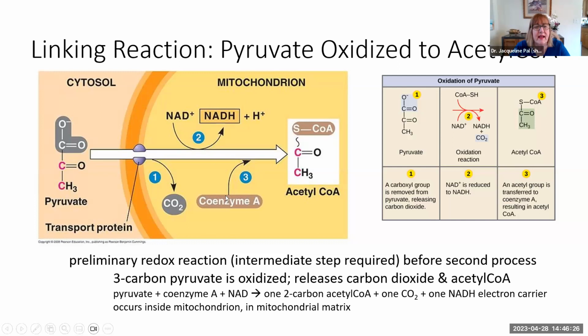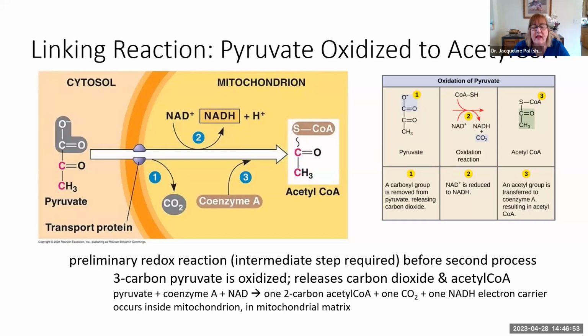And the third thing that happens is there's a coenzyme called coenzyme A that's required for this reaction to occur. And what coenzyme A ends up doing, it actually binds to this 2-carbon piece over here, which is an acetyl group. And so we end up with something we call acetyl-CoA. So basically in the linking reaction, we start with pyruvate.